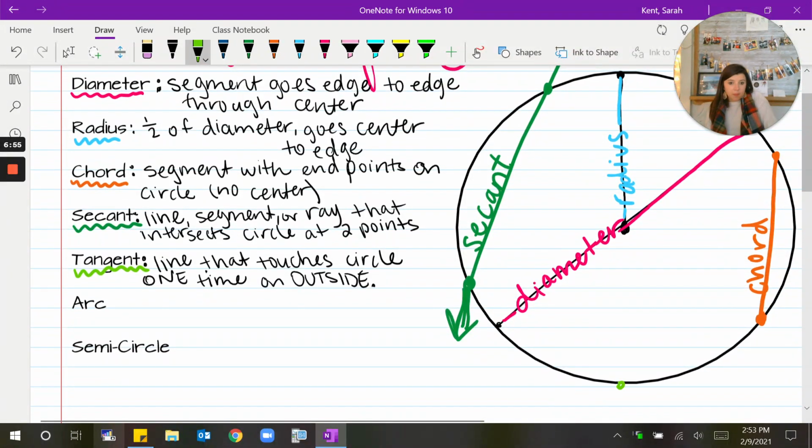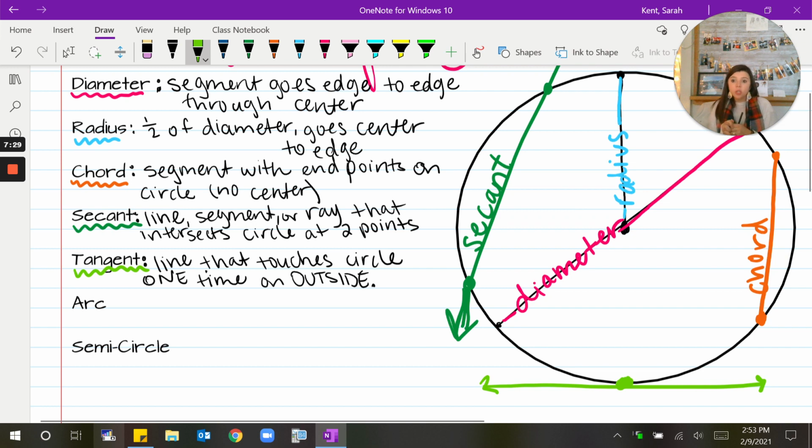I'm gonna pull this down a little bit. And it stays outside. So it just touches the circle. They kind of go touch and goes away. So it's that one touch and the rest is outside the circle. So those are all lines that can go all crazy across the circle.